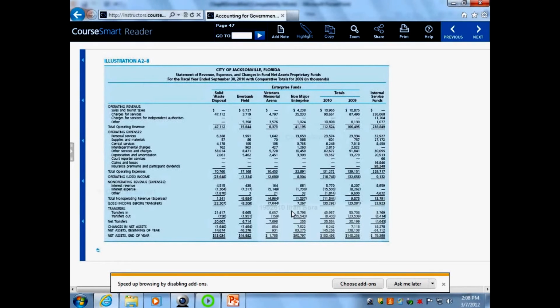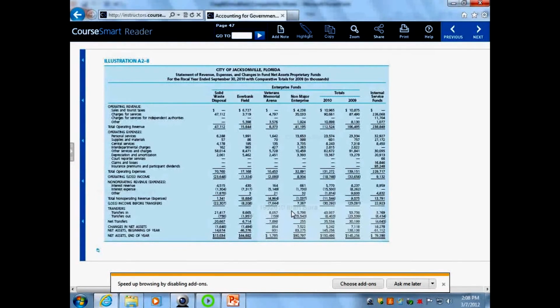Operating revenue, and on top of this, they also have a category as non-operating. This is for other items which might support the activity. So again, operating items, and then non-operating items, and any other items, in this case transfers in and out.